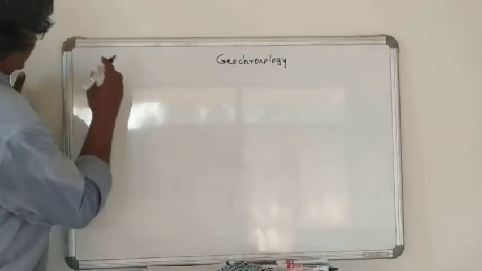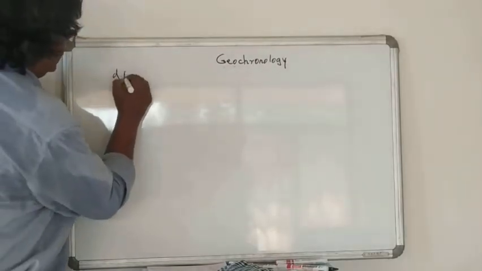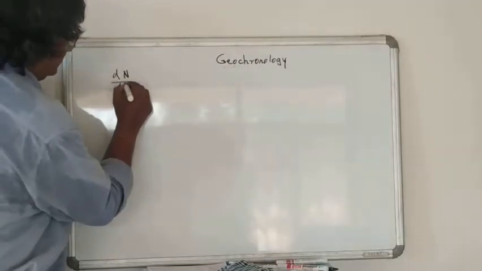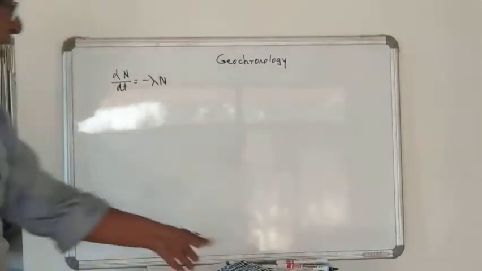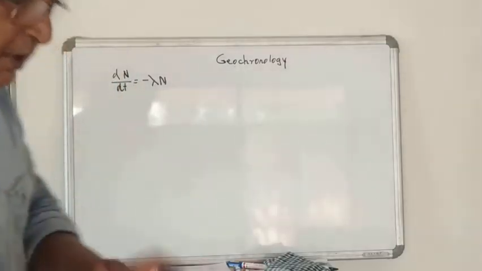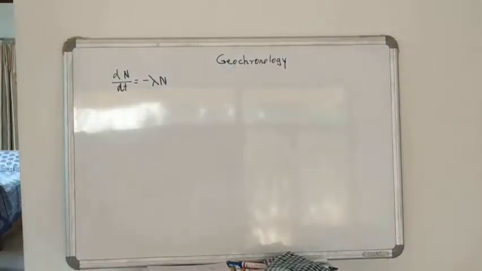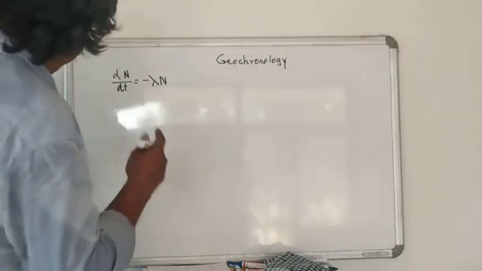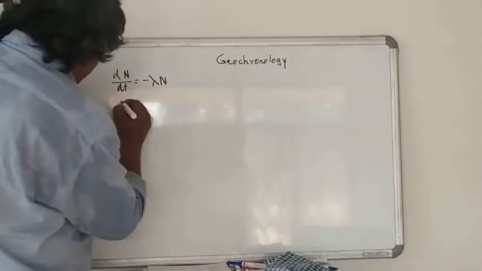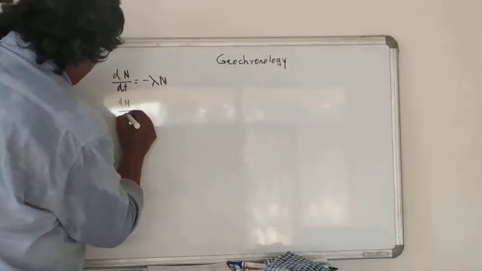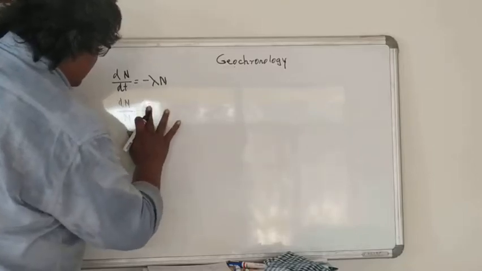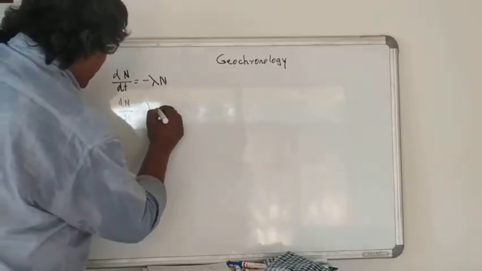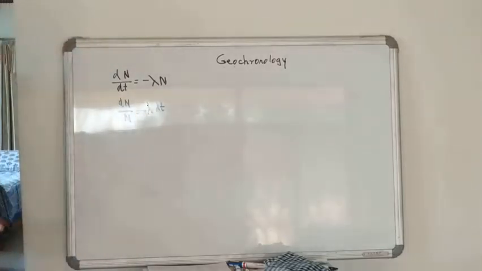So we start with this equation: dN by dt is equal to minus lambda N. Most of it you know till a particular point, and then we will come to an unknown domain for you. You can write dN by N is equal to minus lambda dt.